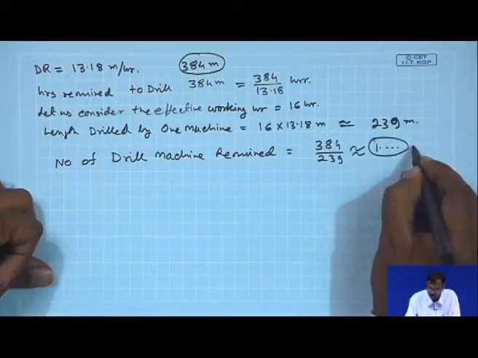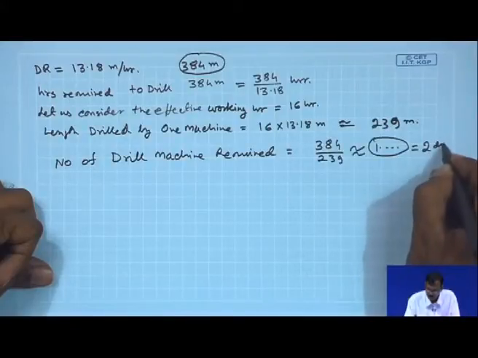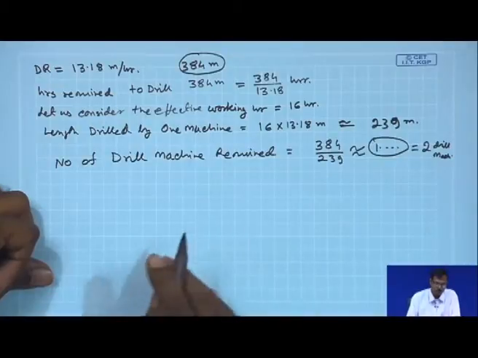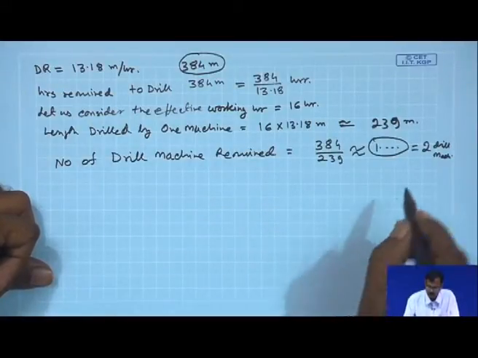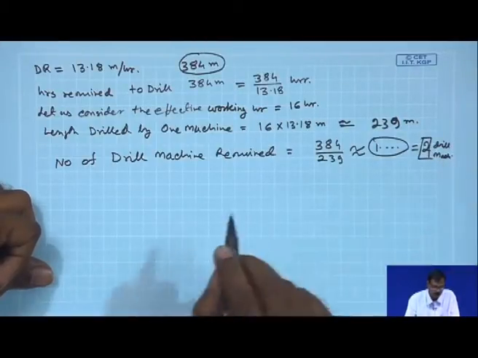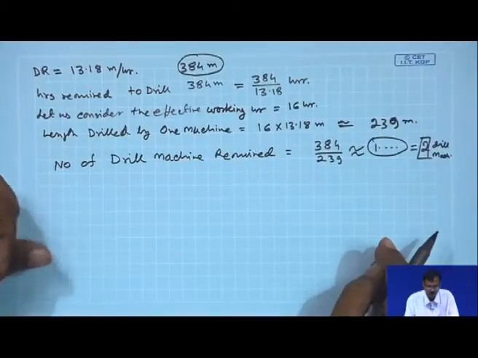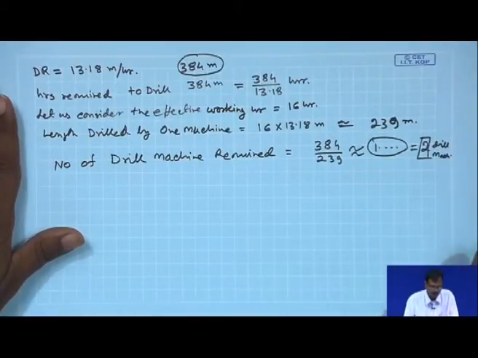That means we need 2 drill machines. So to drill the holes, we need to deploy 2 drill machines in this case, then only we can get 32 drilled holes for carrying out our blasting.